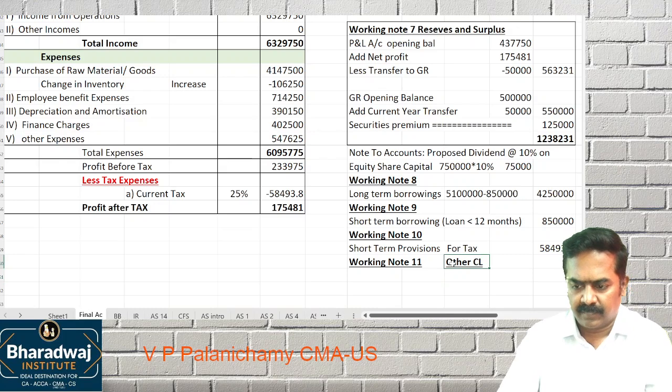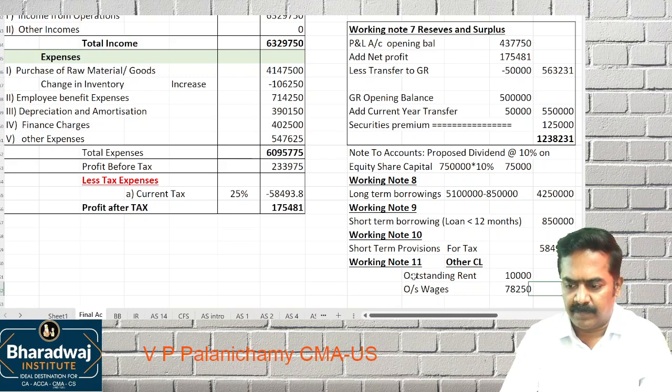Outstanding rent 10,000. Outstanding wages, how much? 7,850.